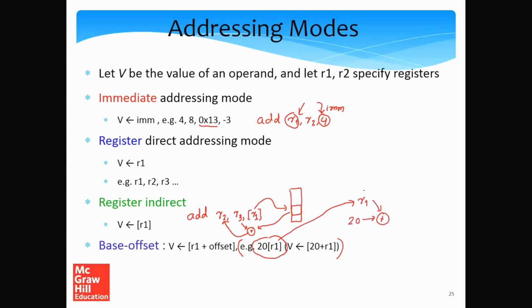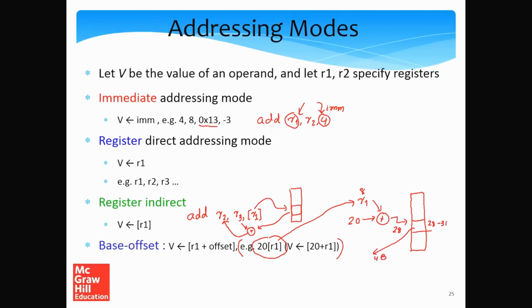Assume that the contents of R1 were 8. So we add 8 and 20 and we get 28. We use 28 to access the 28th location of memory, and then we read 4 bytes from the 28th to the 31st location, and these 4 bytes are then used by the program.